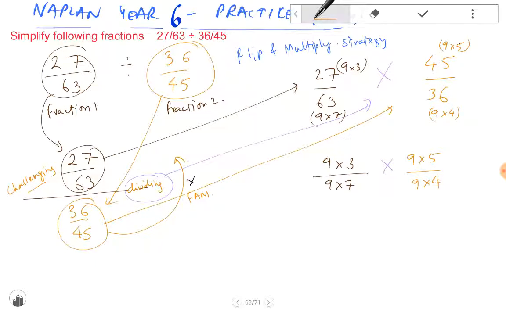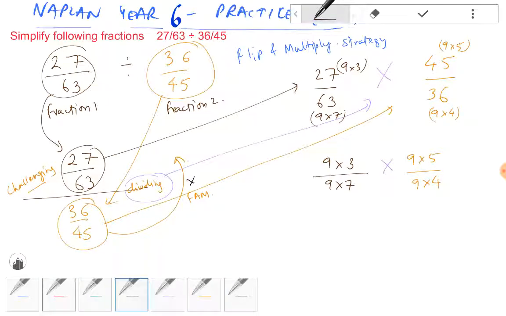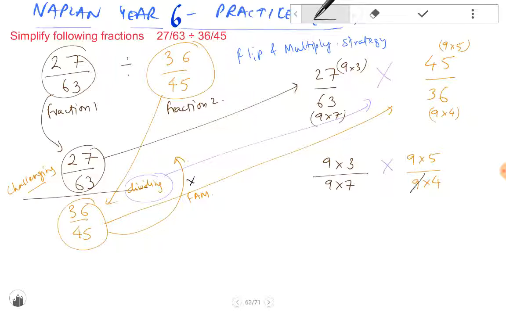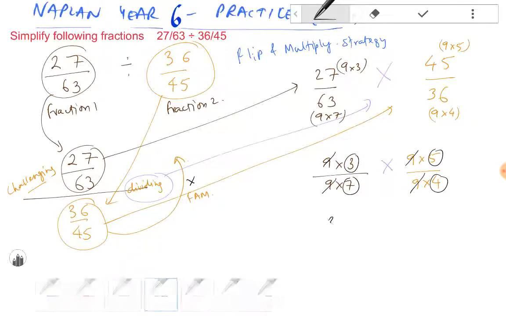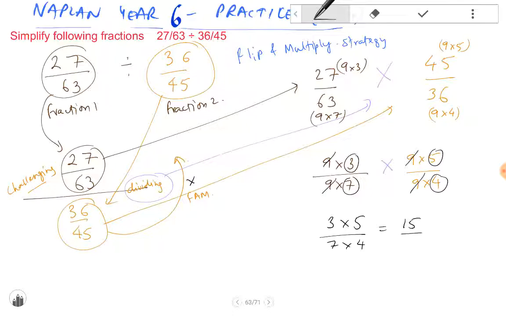And now all we have to do is, by the process of elimination, we simply cancel out the common factors, and then we are simply left with these integers. So we simply take the remaining values, and that should give you your answer, which is 15 over 28.